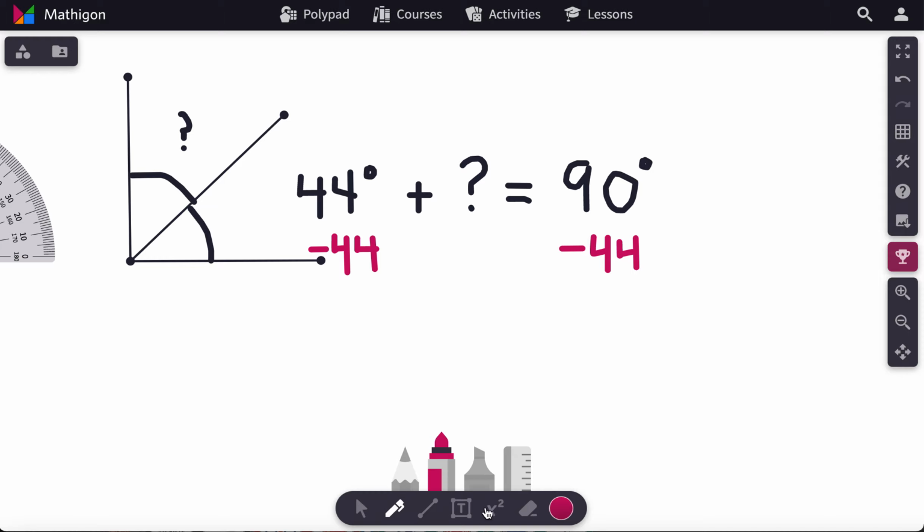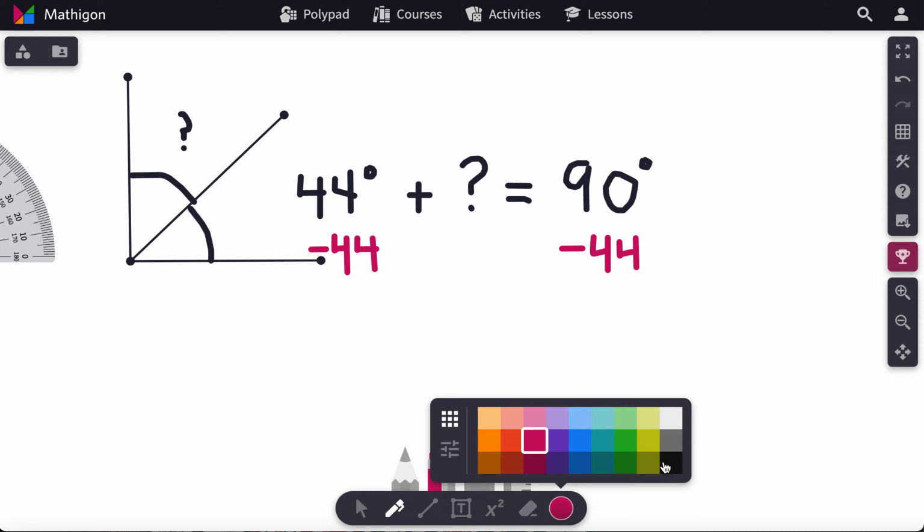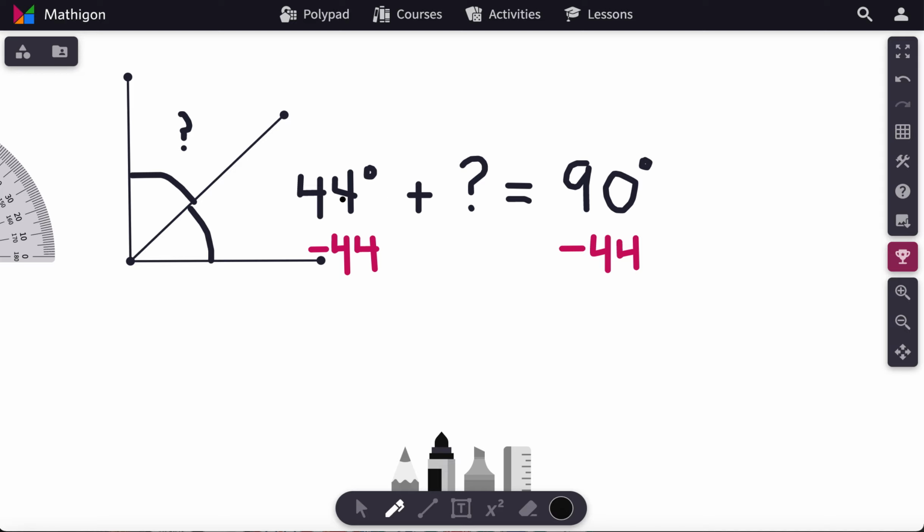And that will come up with our new answer. So on this side, 44 minus 44, that cancels out. Now we simply have question mark equals 90 minus 44. So if we were to do the math on that, that is going to give us the number 46.